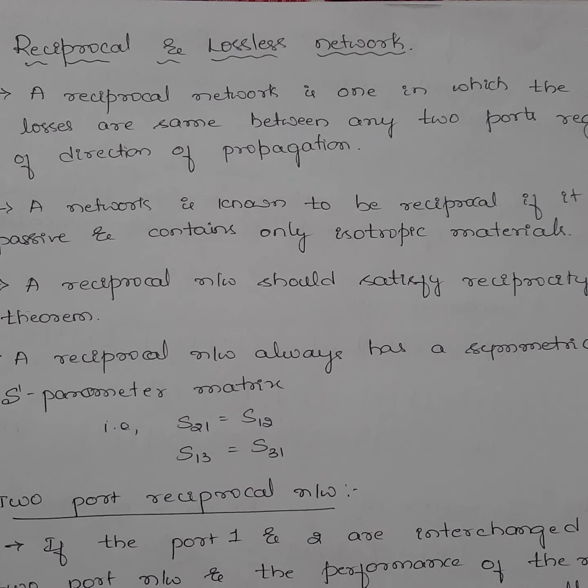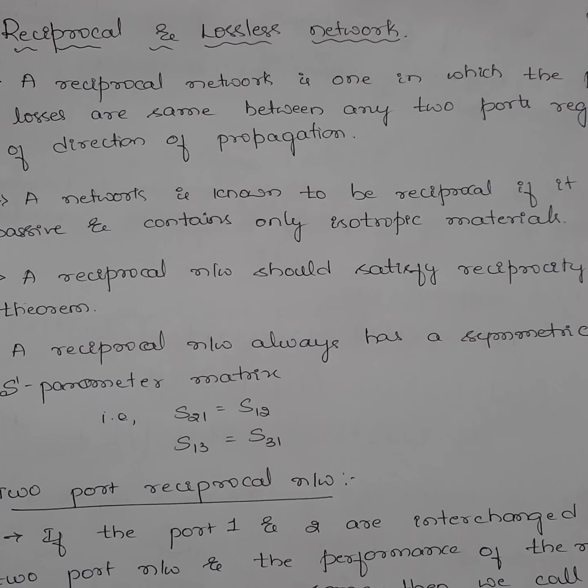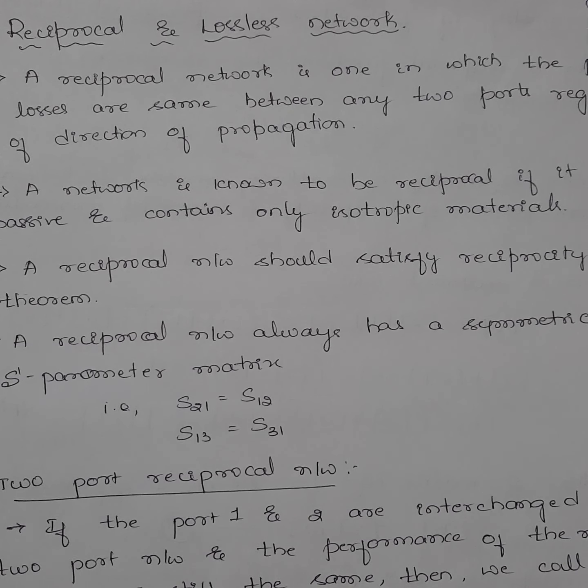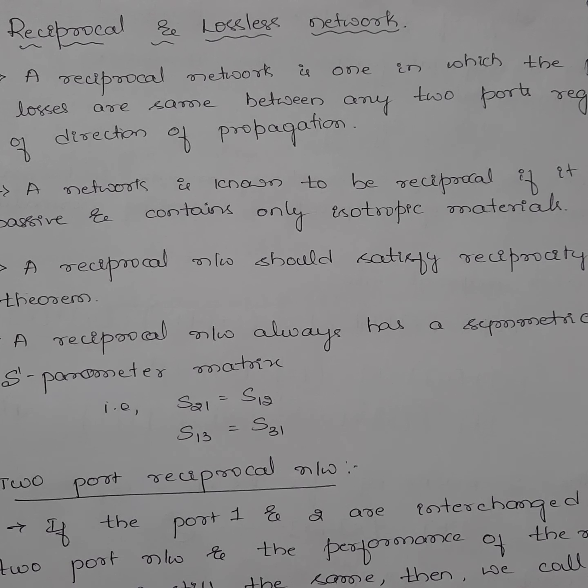Okay, so it is called reciprocal when it is passive and contains only isotropic materials, and it should satisfy the reciprocity theorem. So it always has a symmetric S parameter, that is, Sij is equal to Sji. So S21 is equal to S12, S13 is equal to S31.